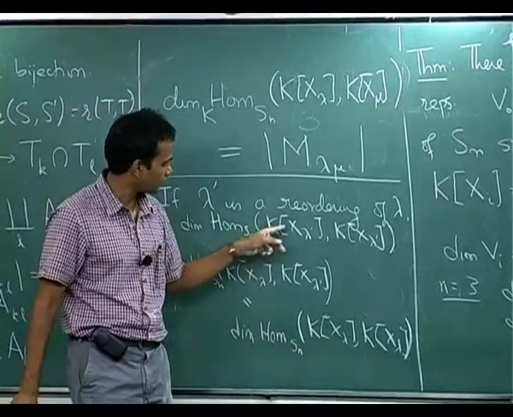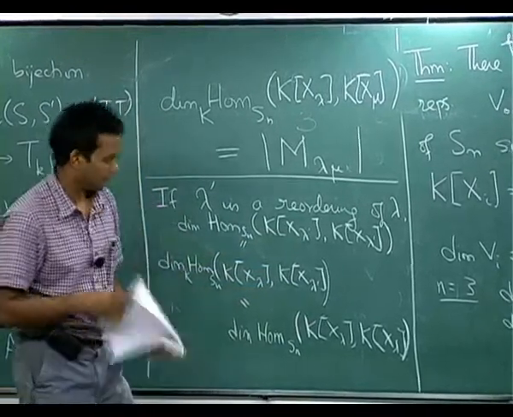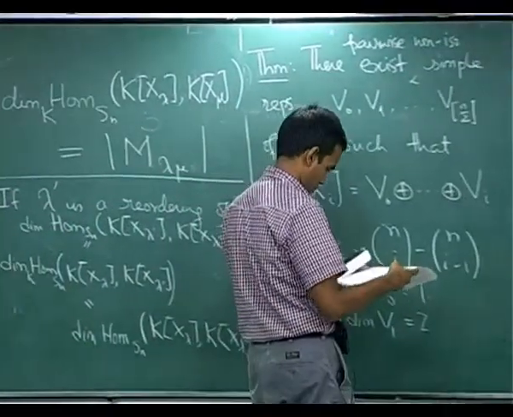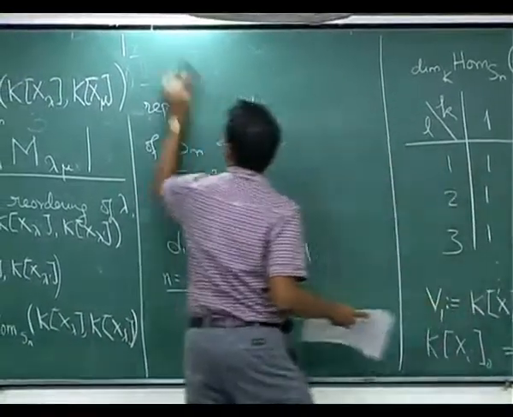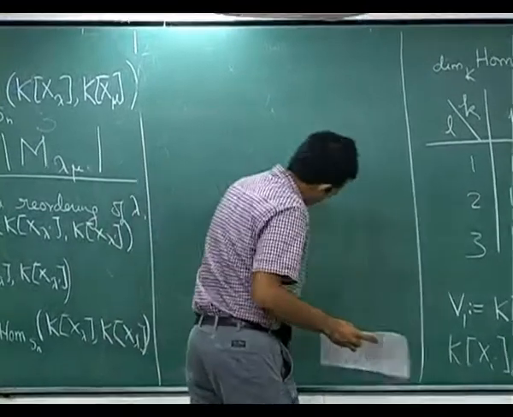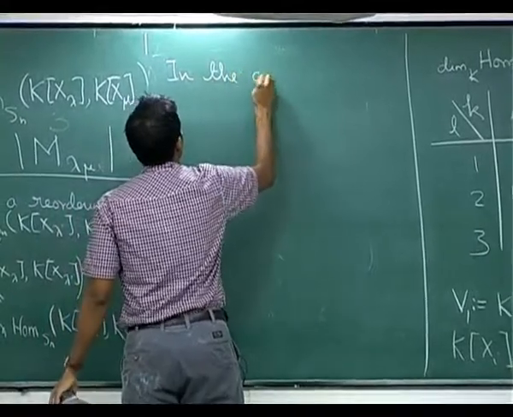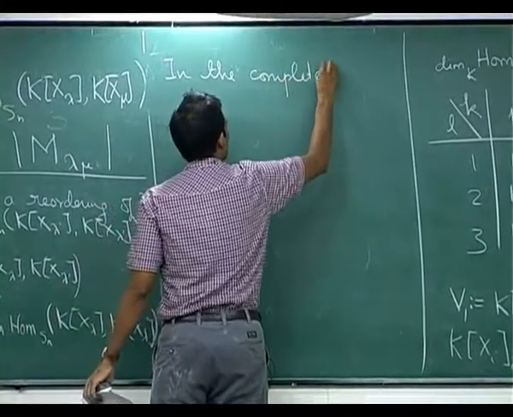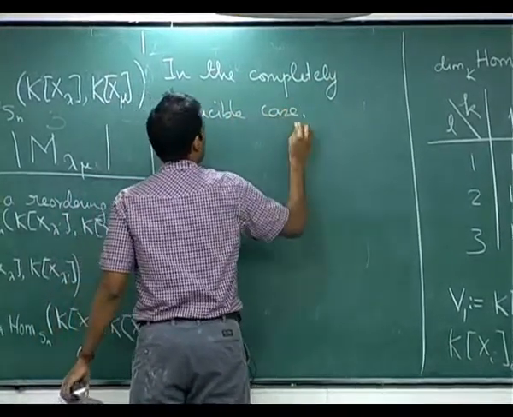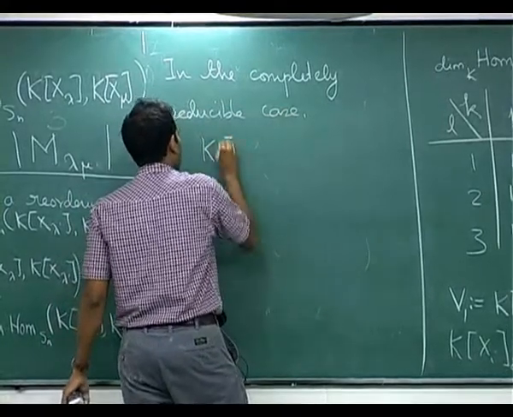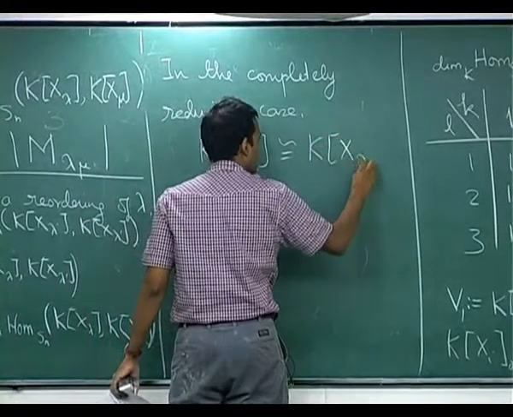So in the completely reducible case, k X lambda prime and k X lambda are isomorphic.